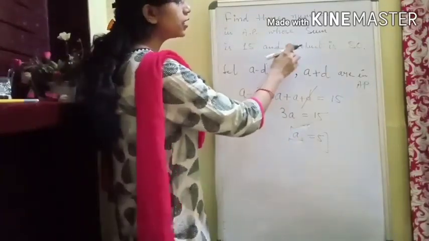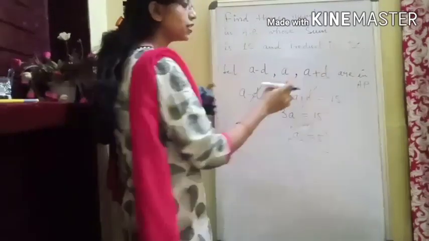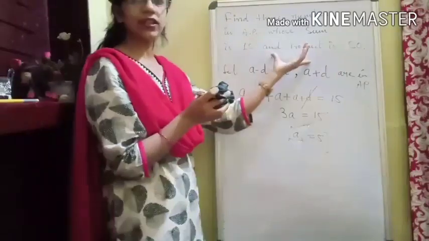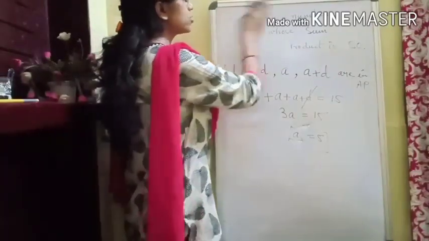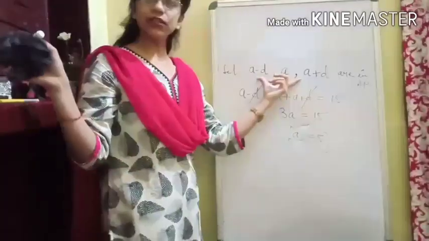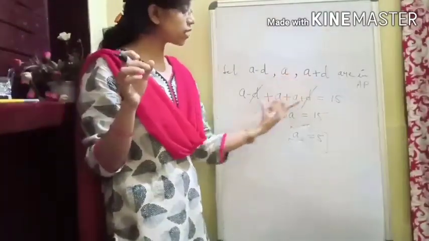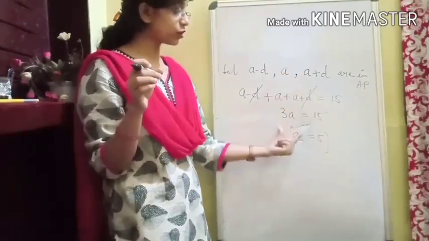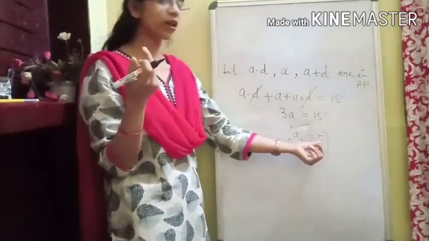Now the second condition is that the product is 80. That means the product of these three terms is 80. We have taken three terms whose sum is 15, and according to that, a, which is our middle term, comes out as 5.